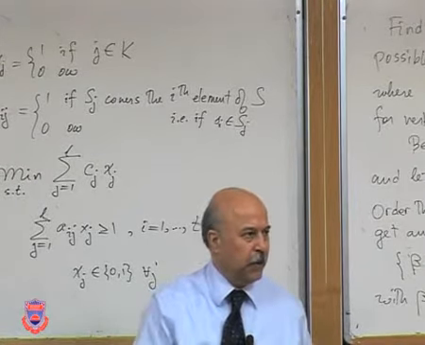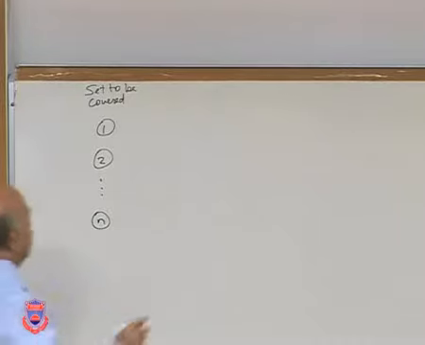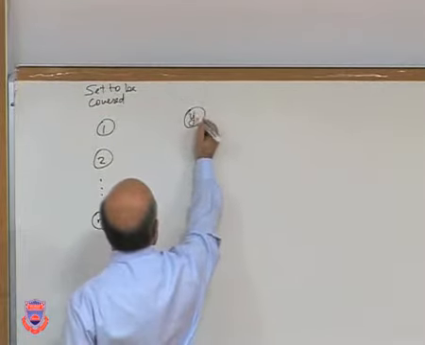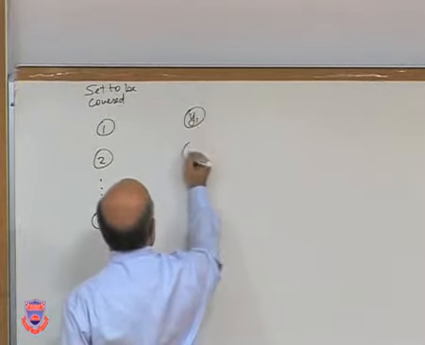In our context, let me just say a few more words here. In our context, the set to be covered is the set of vertices. These are the vertex numbers, 1 up to n. Things that cover are the candidate locations, y1, y2, etc. Okay?